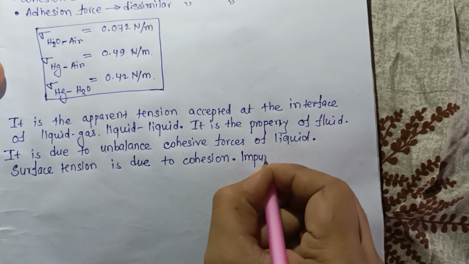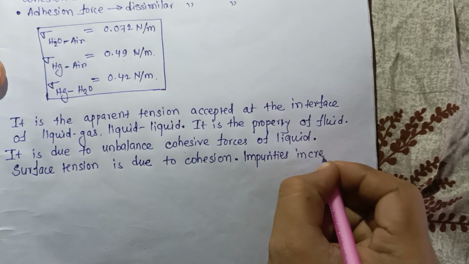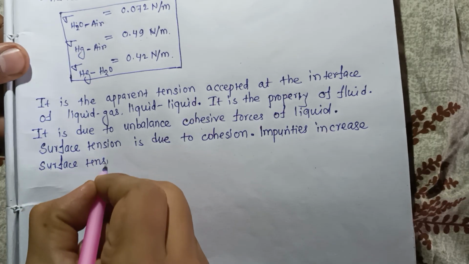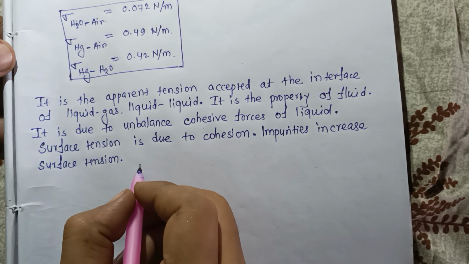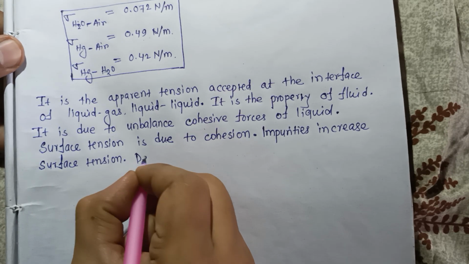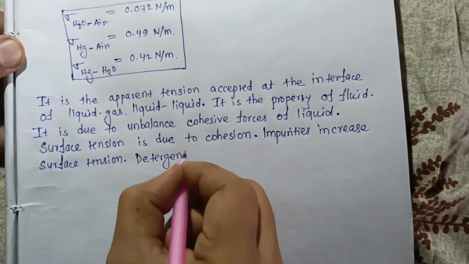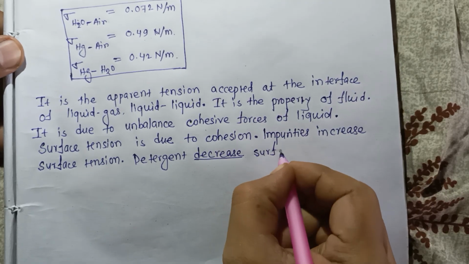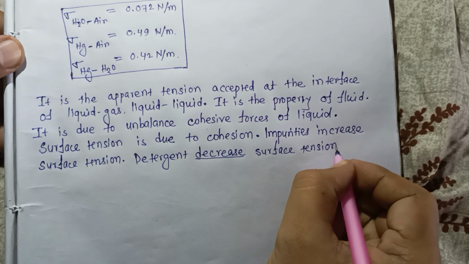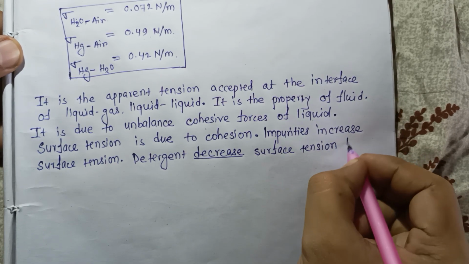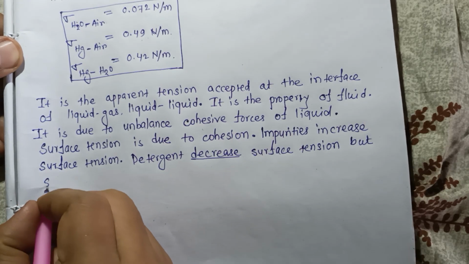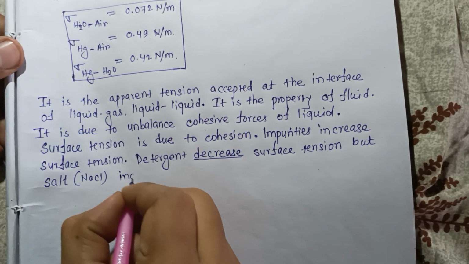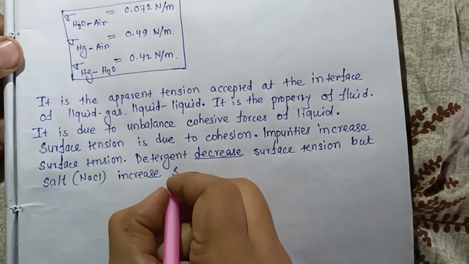Detergent decreases surface tension, very important, but salt, that is NaCl, increases surface tension.